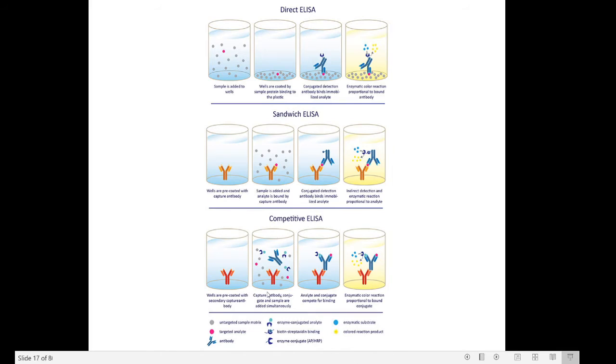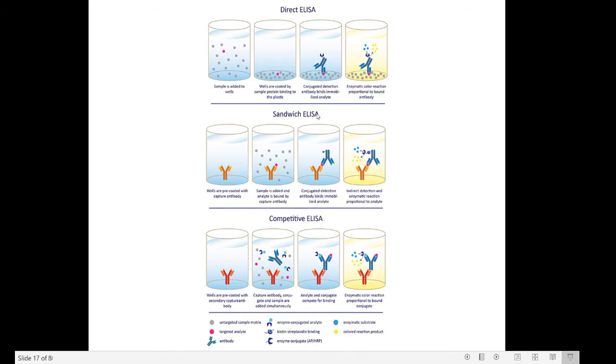They coat the kit with that antibody. If our human sample has IgM or IgG, it interacts with the bound antibody, producing the enzyme activity and the color change.